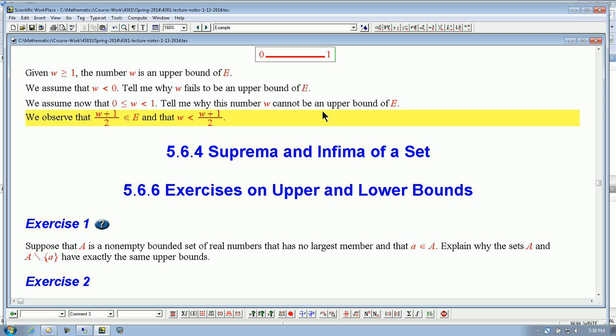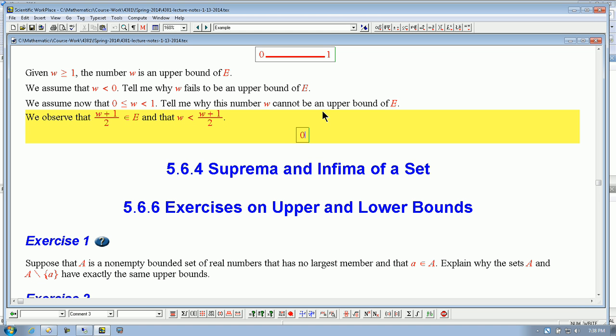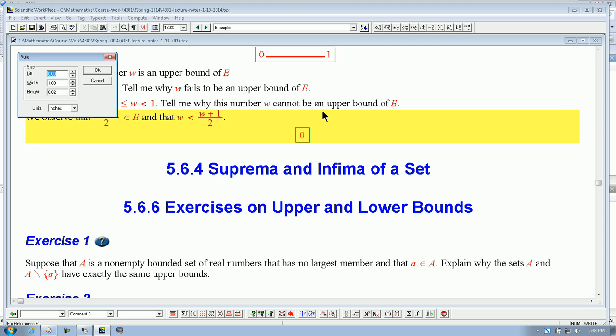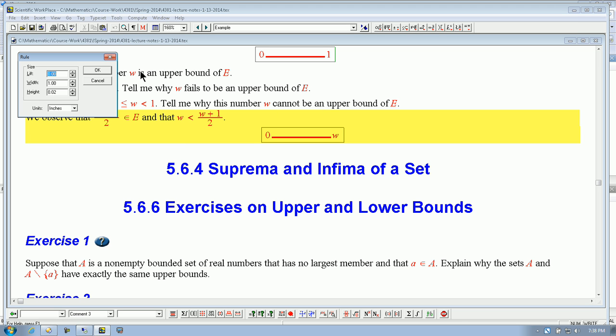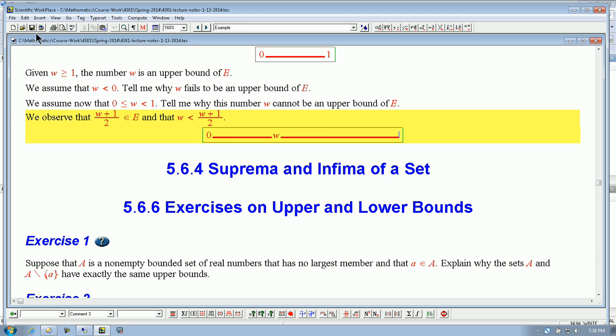You see? Look at the picture. We've got 0. We've got a piece of number line. We've got W. We've got a piece of number line. Let's not make it the same length. And we've got 1.